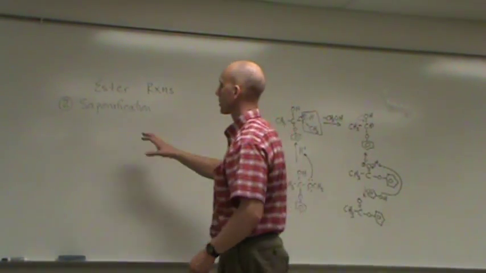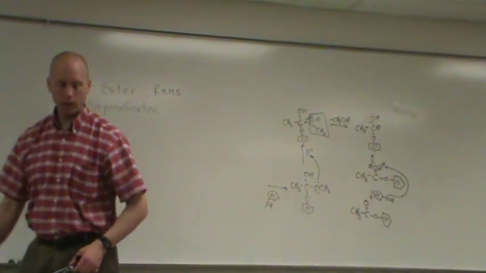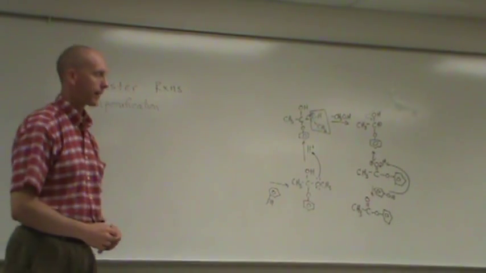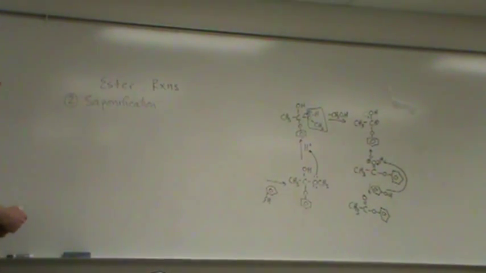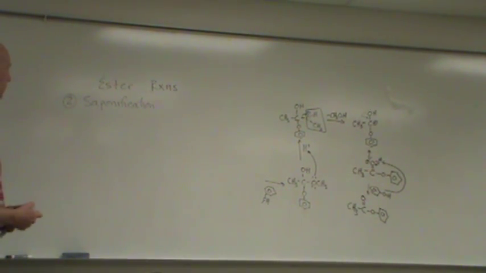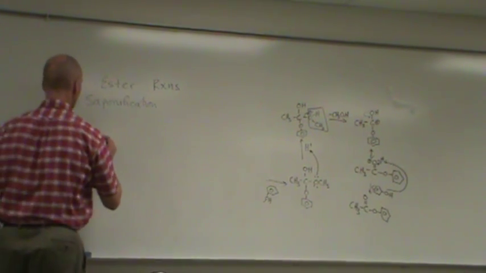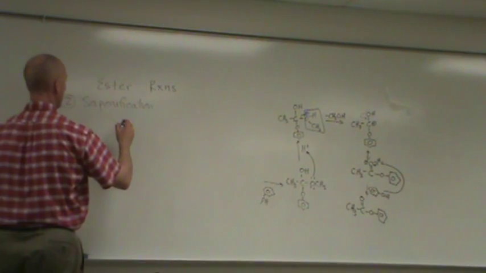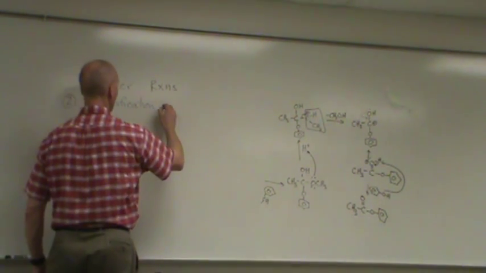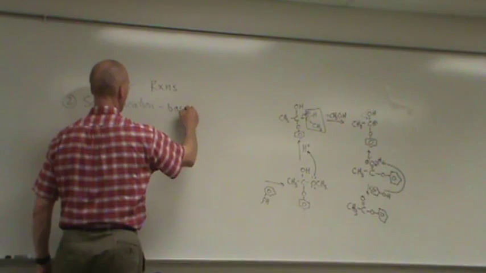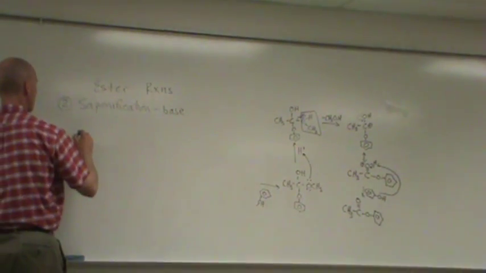Okay, so saponification means soap making. So we've seen it before with carboxylic acids. Let's look at it with esters. Okay, so here we react our ester with a base.